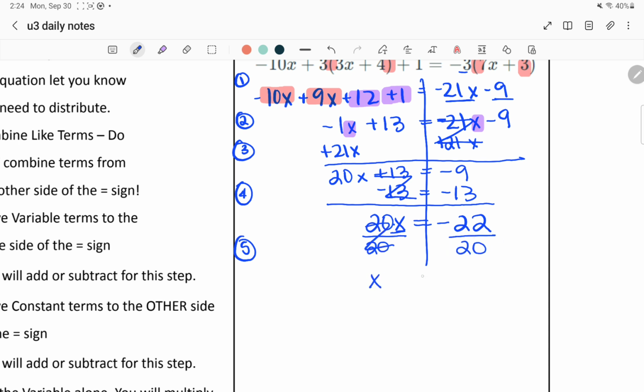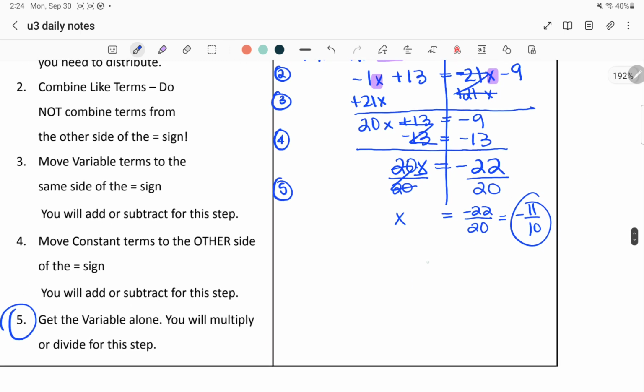So I'm going to have x all alone equals negative 22 over 20, which simplifies to negative 11 over 10. Fractions are okay. That would be my answer. Okay. Negative 11 over 10 is what I would put into Delta Math.